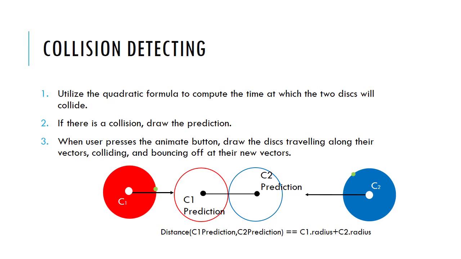So to detect collision, we start by utilizing the quadratic formula to compute the time at which the two disks will collide. What goes into the quadratic formula are the dot product of the vector between v2 and v1.